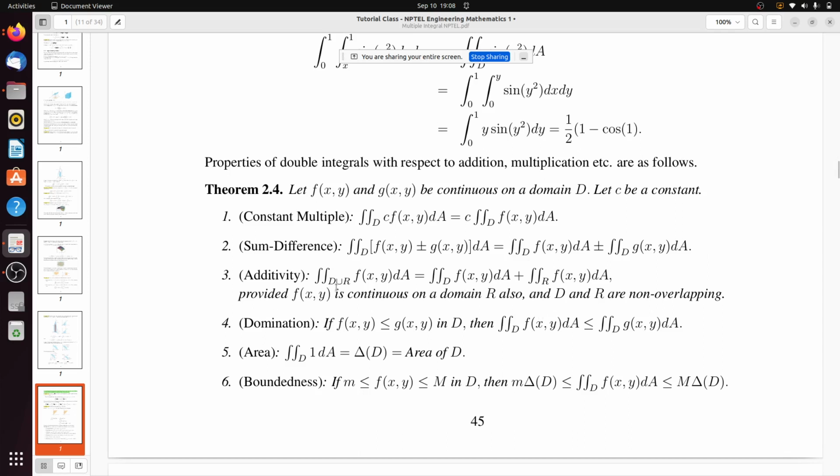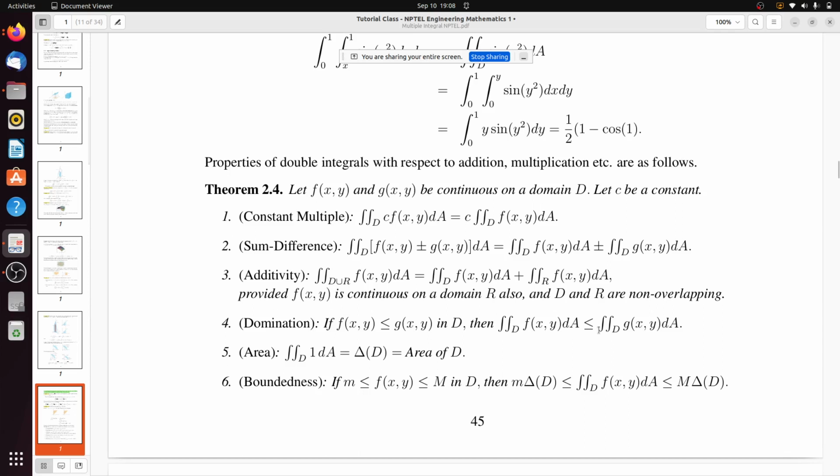That means if D and R are non-overlapping, meaning they don't have any area in common, then you will get the additivity formula.